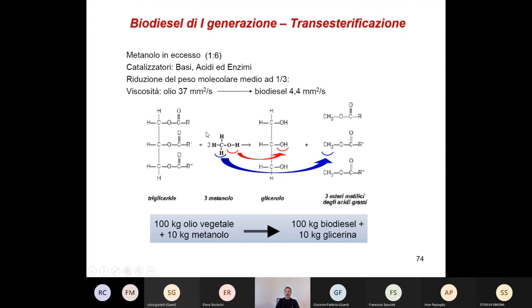So this is the final bioproduct we want to obtain, biodiesel, and this is the co-product, which is glycerol. Co-product because glycerol, also called glycerin, has a lot of applications.